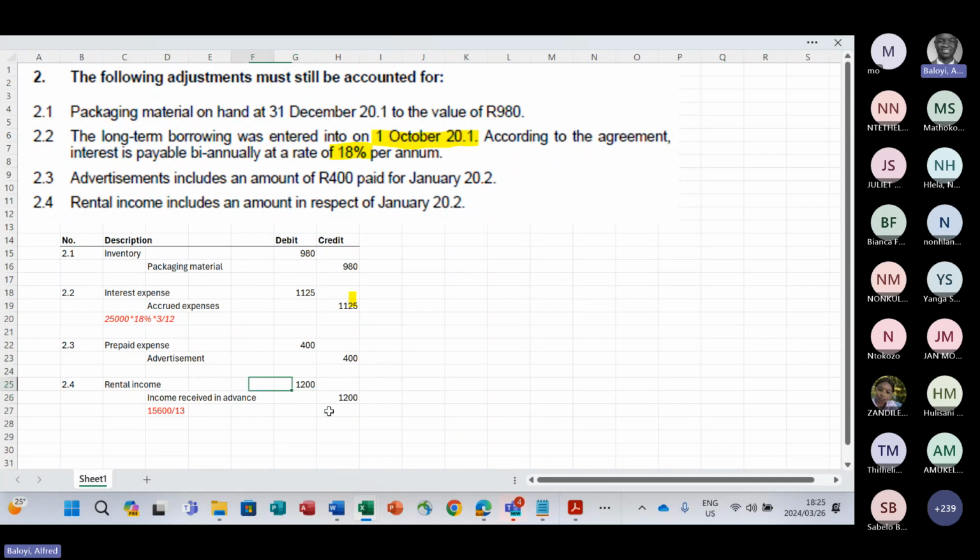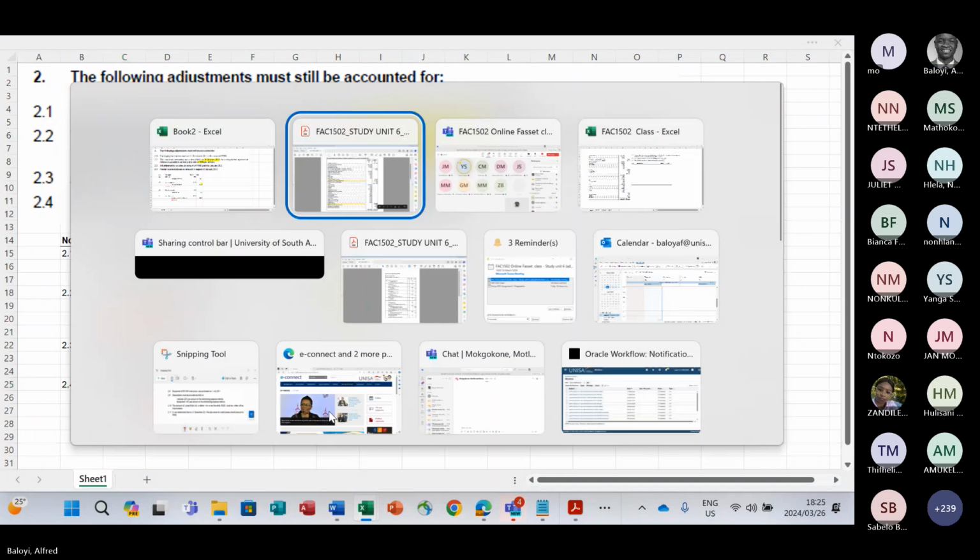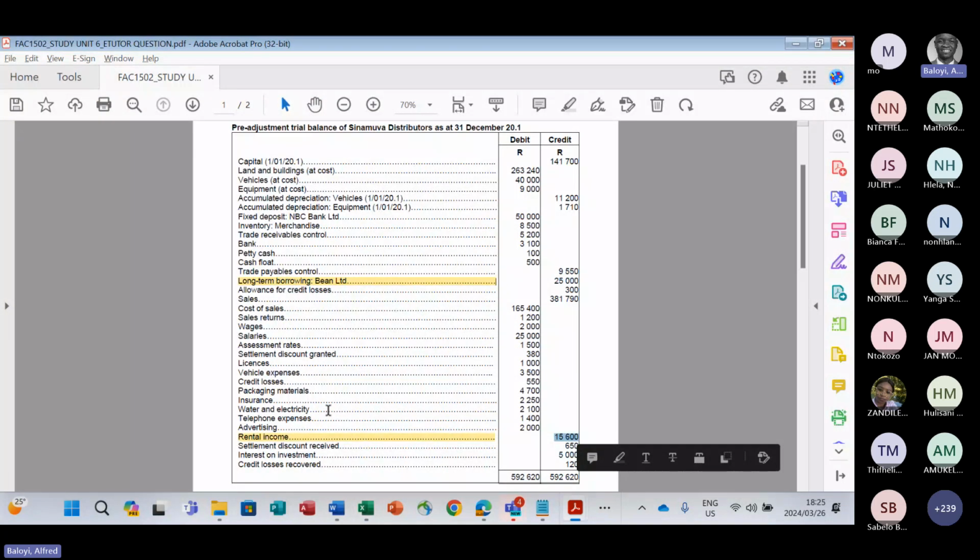What we're trying to do is make sure that the rental income for 31 December 20.1 is correct, and it's only for 12 months because our reporting period is 12 months.